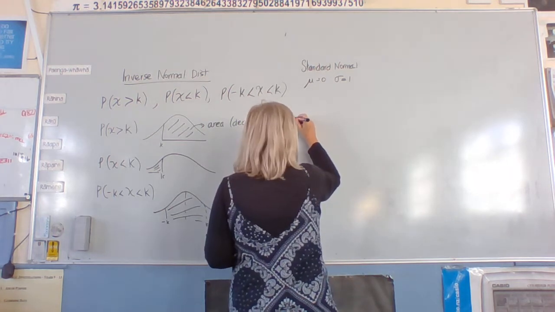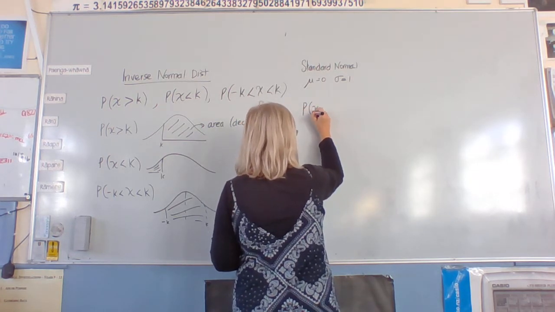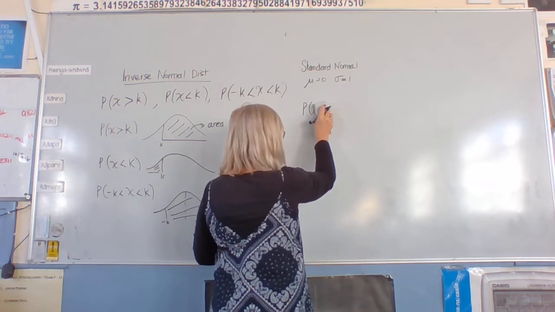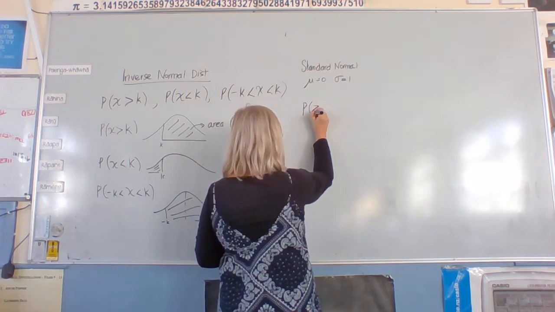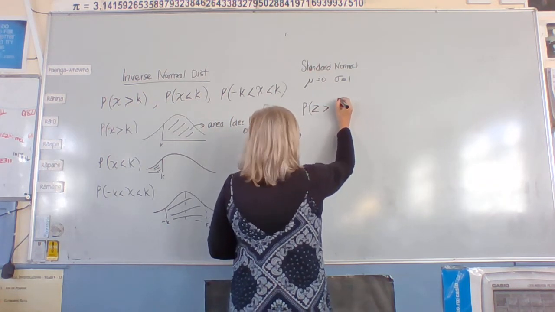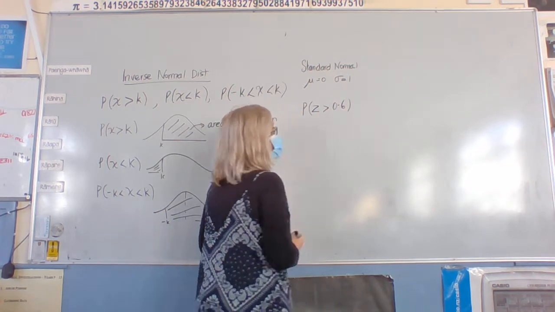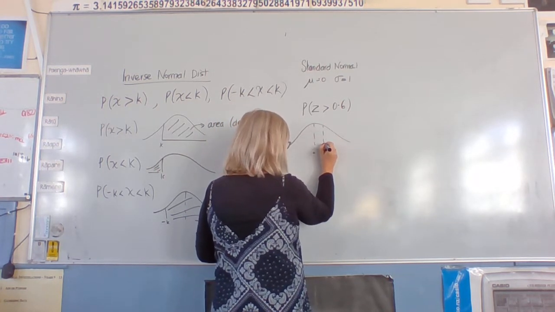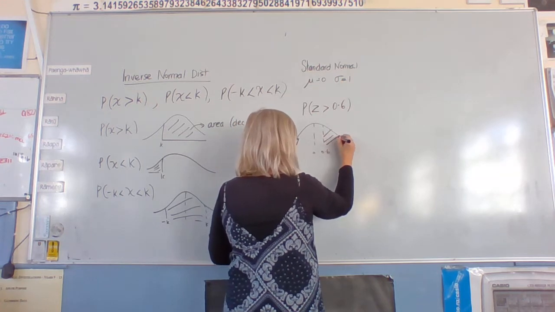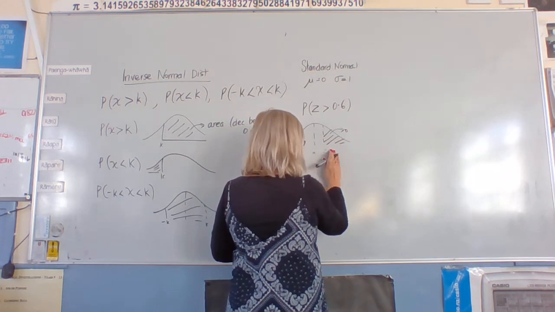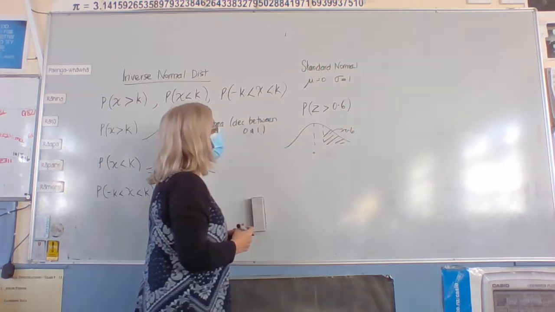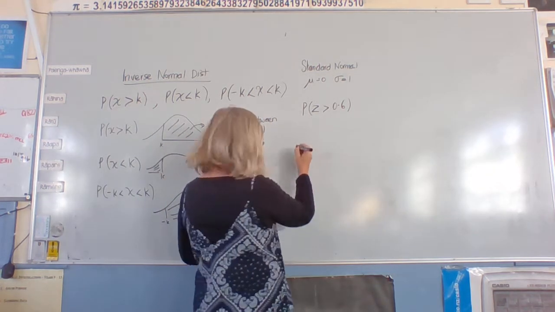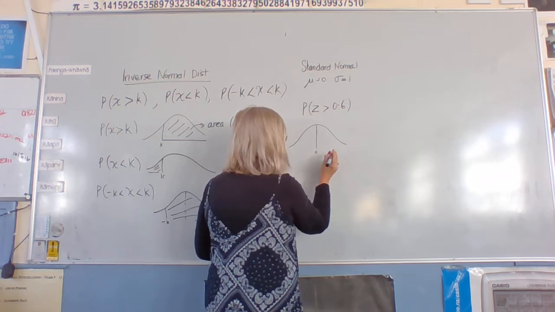And in our picture, we've been asked to find out what x is. Well, it's standardized, so we don't have x, we have z. Let's say z greater than 0.6. So we draw our picture. Here's 0, half on either side.